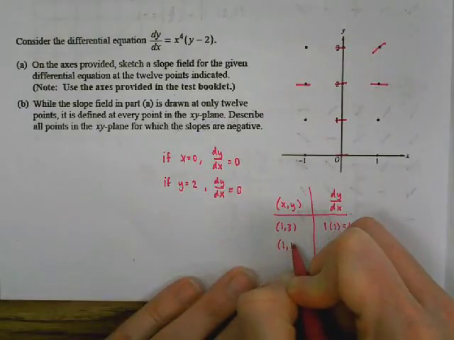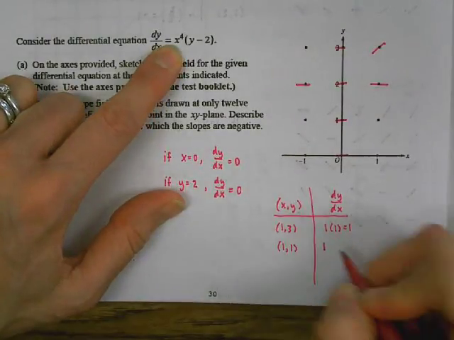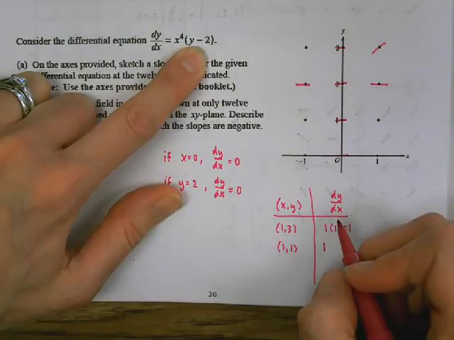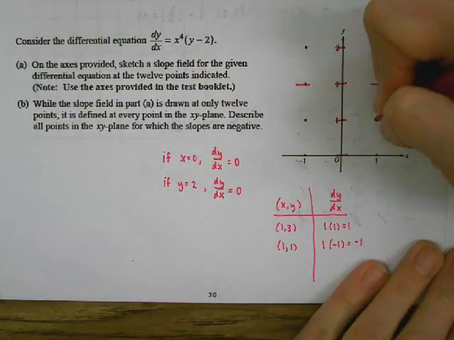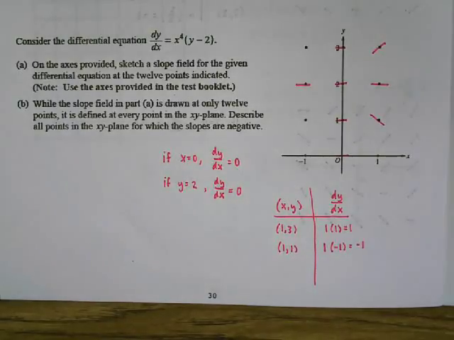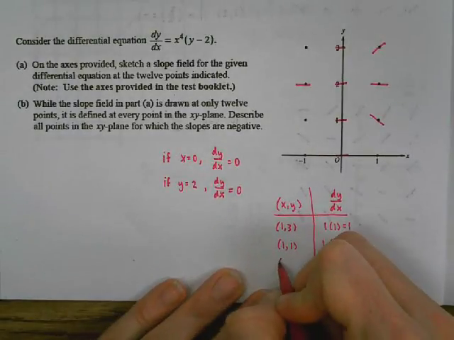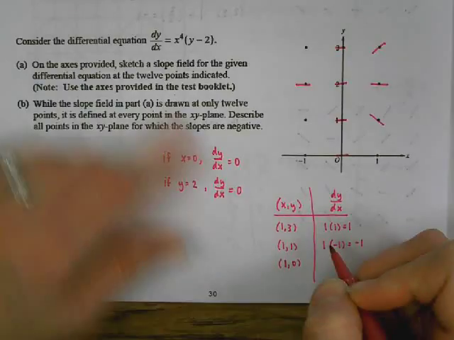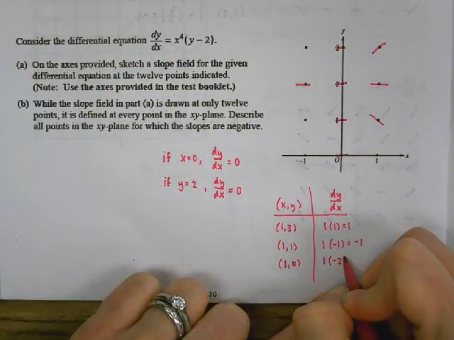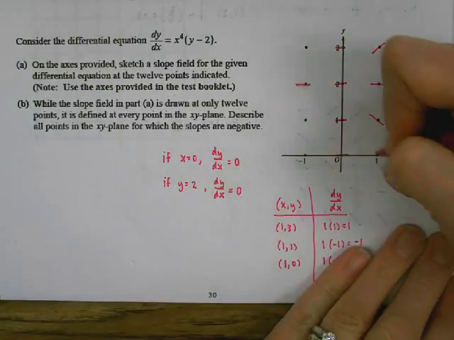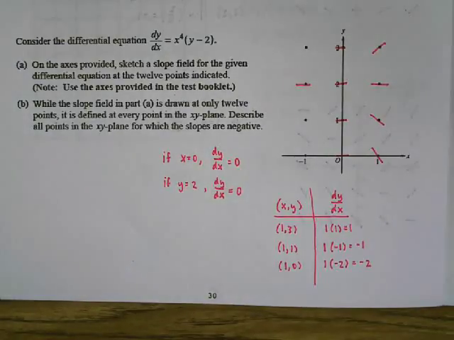Let's see, at (1, 1), again 1 to the 4th is 1. Now I have 1 minus 2 is a negative 1. So I'm going to have a negative 1 here. And now I have the point (1, 0). So I have 1. 0 minus 2 is a negative 2. So that's going to be a negative 2.